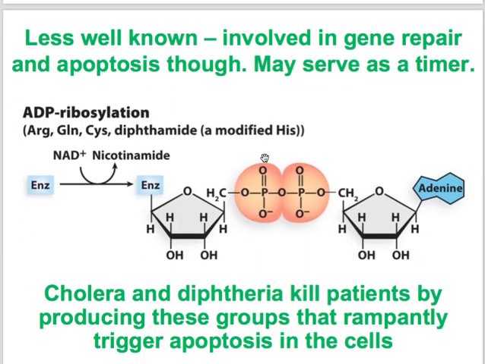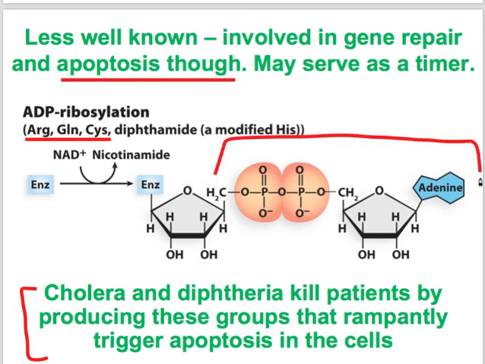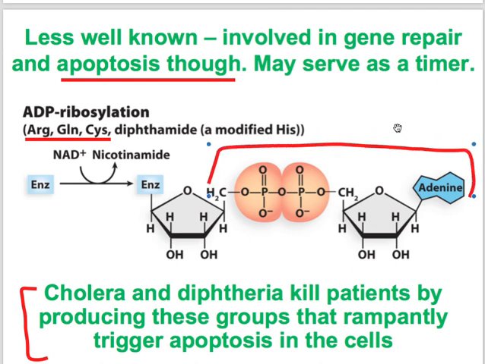And ribosylation is even less well known. It has something maybe to do with the apoptosis signaling. So remember, apoptosis is the signal for cells to blow up. It may have some role that when these get ribosylated, the cell knows that something's wrong and so it blows up. At the same time though, we're not 100% sure what the other functions are. The way that cholera and diphtheria kill you, unfortunately, is they spit out a bunch of signals or enzymatic activators that cause this to happen throughout your cells, and too many of your cells die.